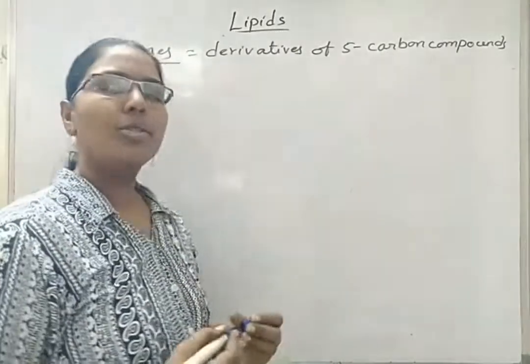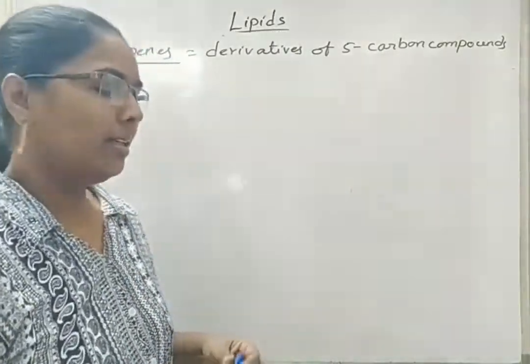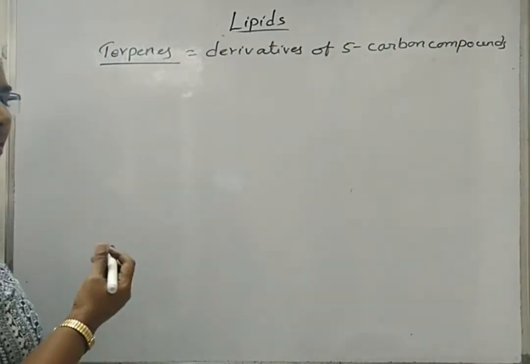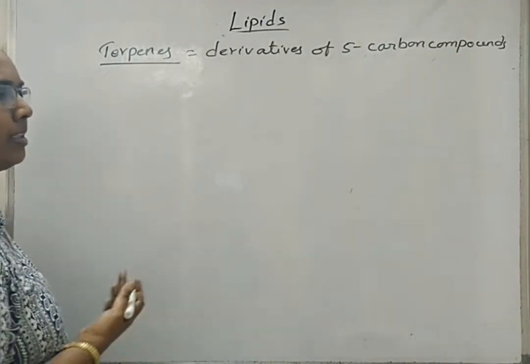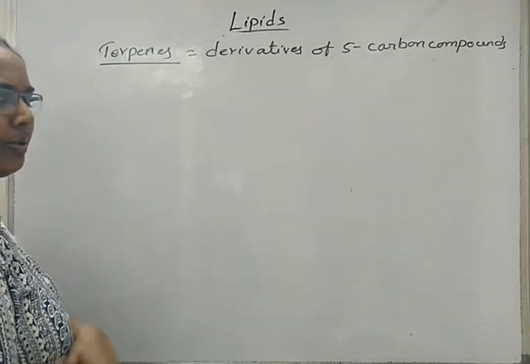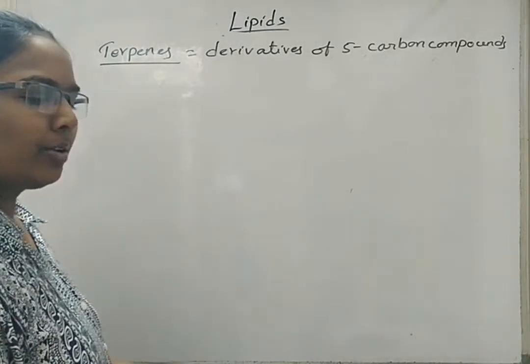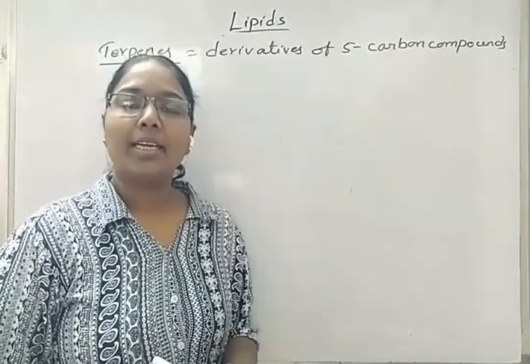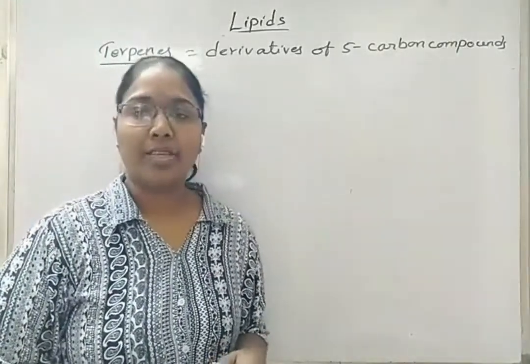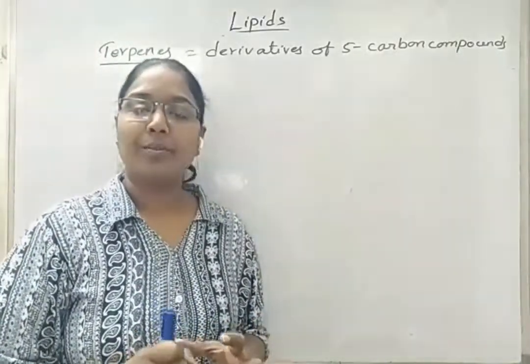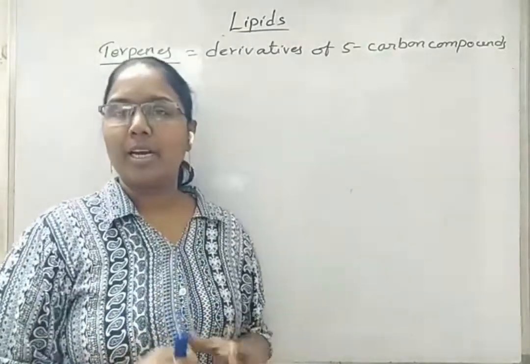Now, what is the use of these terpenes? These are used during the synthesis of vitamin A, and also for the synthesis of carotenoids, and they are considered very important substances for providing good flavor and aroma.